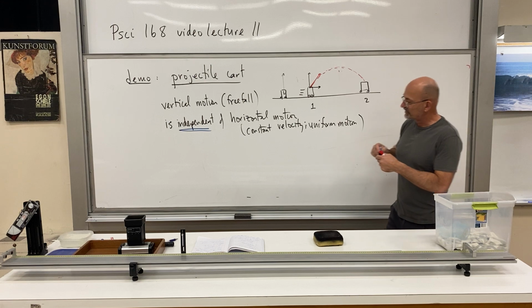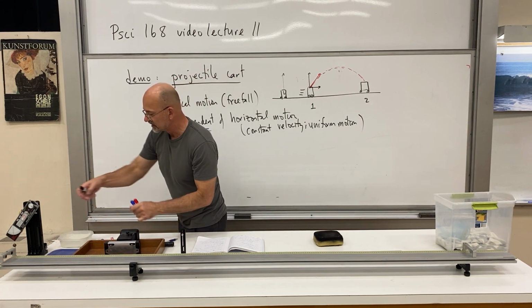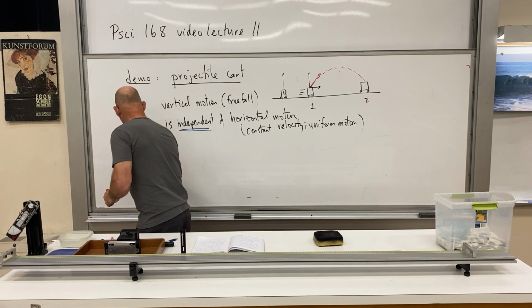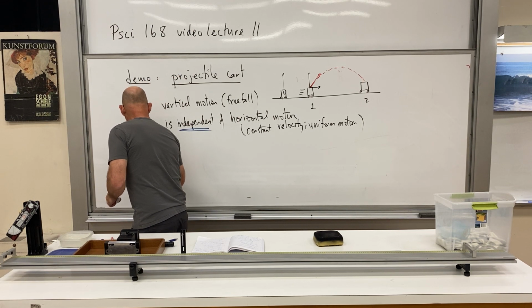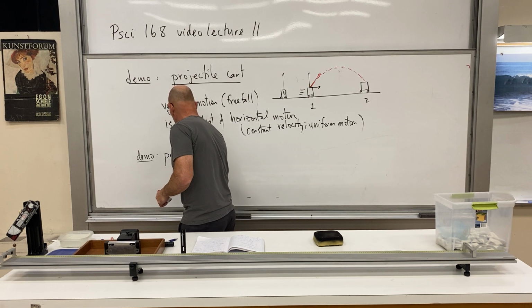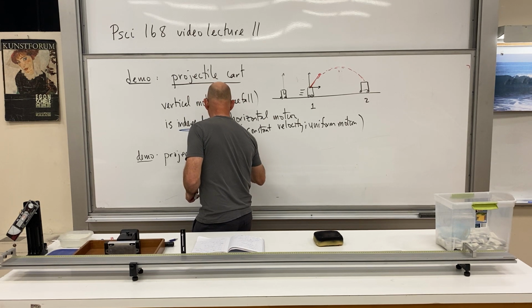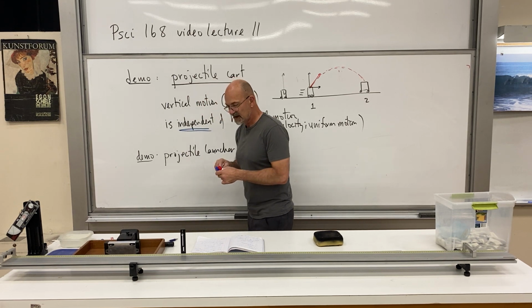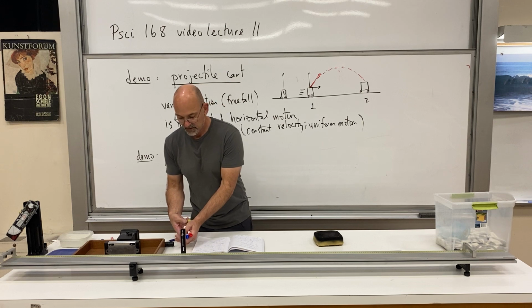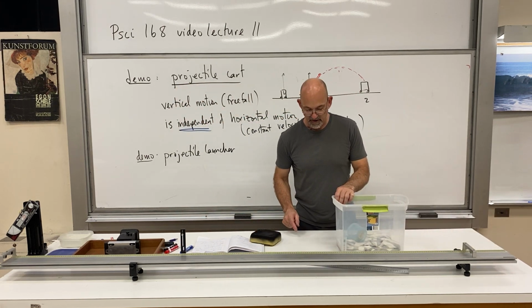So let me demonstrate something else that's just related. And like I said, that's this little cannon here. So we'll call the cannon the projectile launcher. And you guys draw a picture of it. Put the target right here.